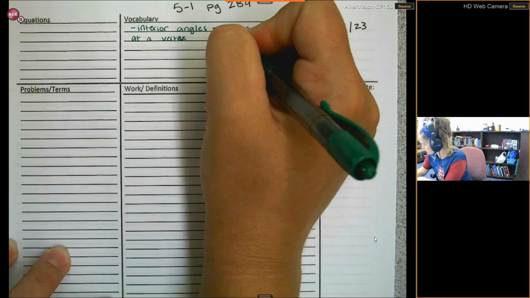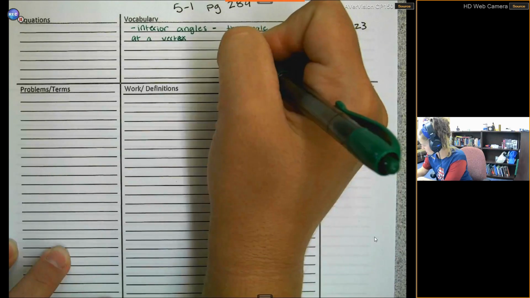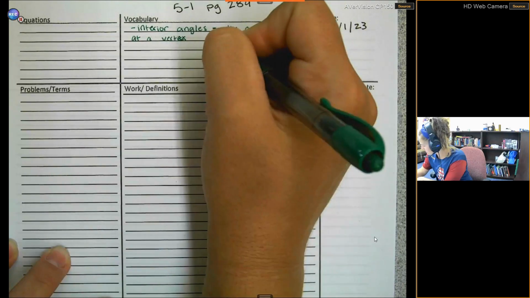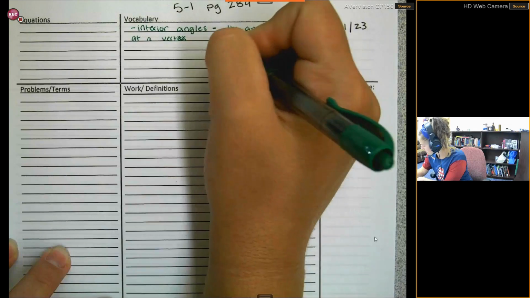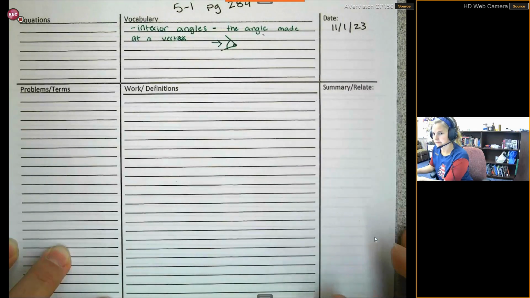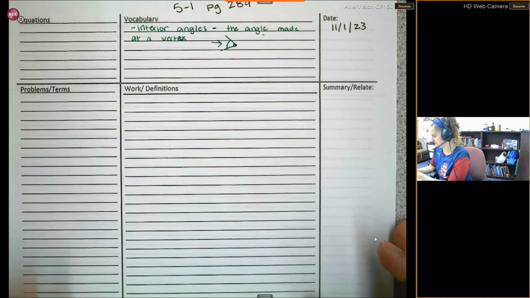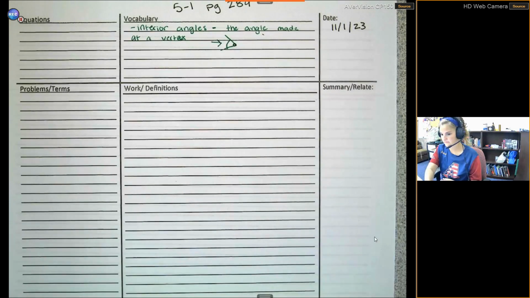Okay, and I'm going to draw a little picture. Okay. So, and theorem 5-1 is that the sum of all measures of interior angles of a triangle is 180.